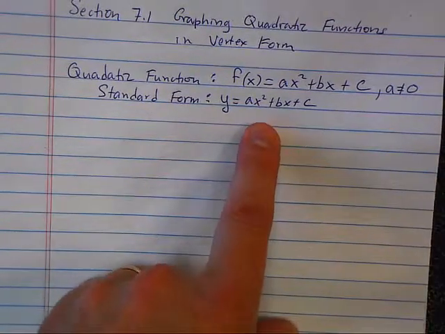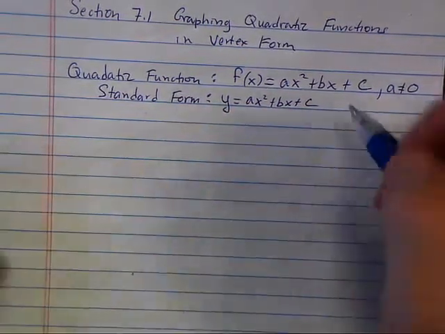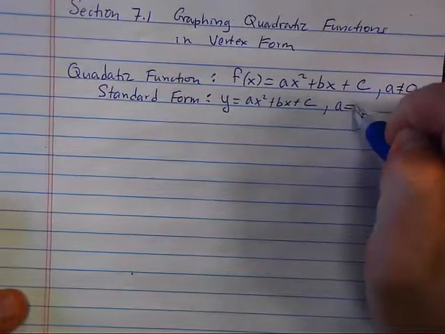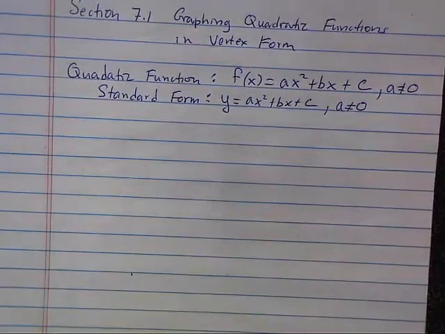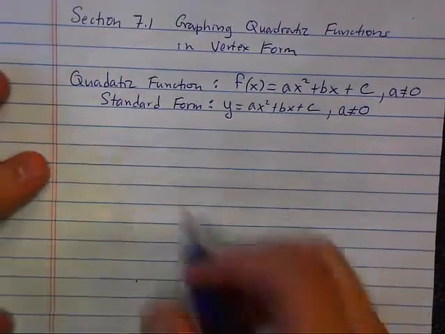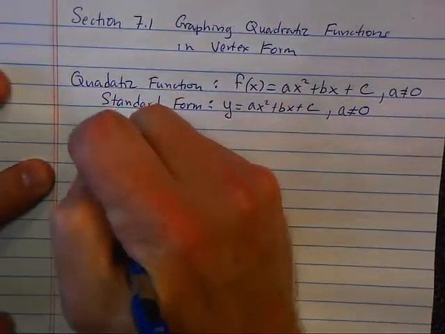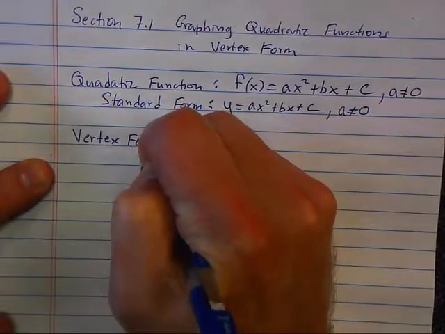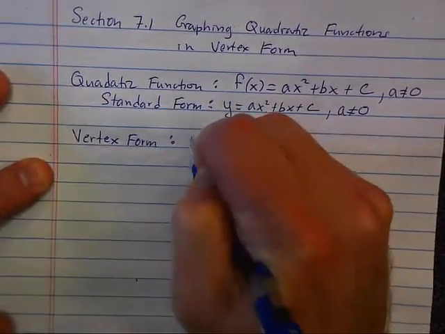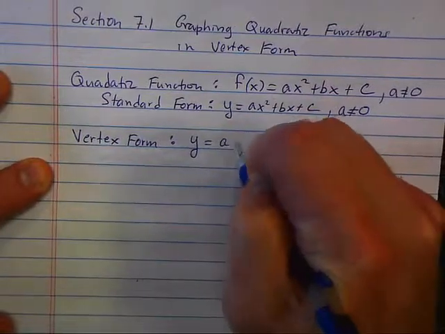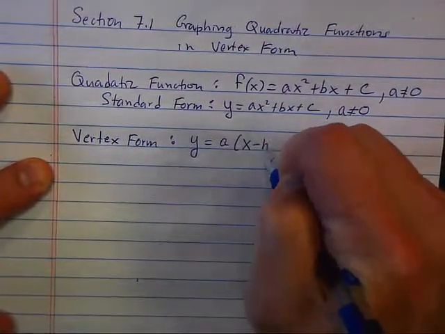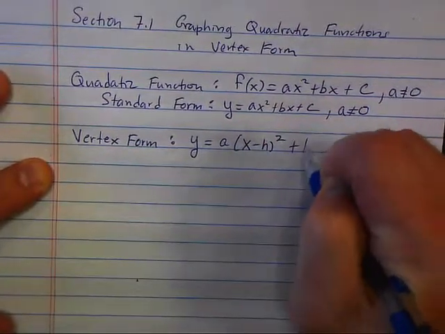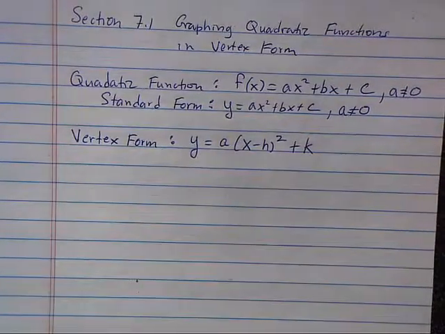Alright, so anyway, like I say, this is called standard form. a still cannot be the number 0, of course. We will study standard form in section 7.2. For today, we're going to study something called vertex form. And vertex form of a quadratic function looks like this. y equals a times (x minus h) squared plus k.